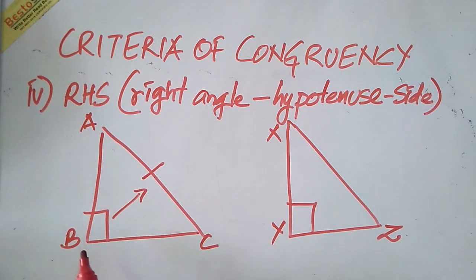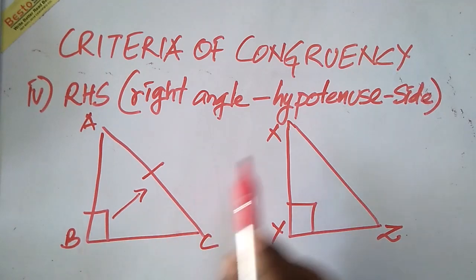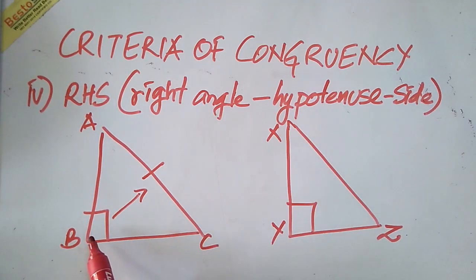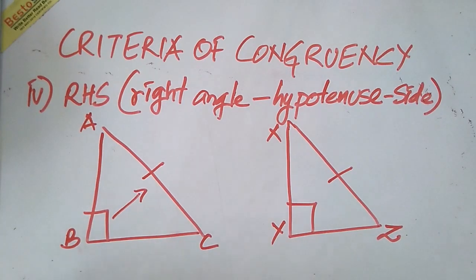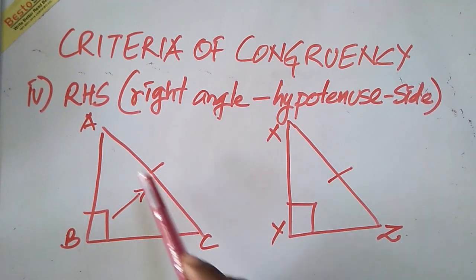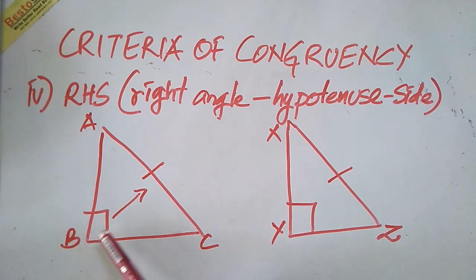That is what hypotenuse is. And in the second right angle triangle, the hypotenuse opposite to the right angle is XZ. So always remember that the hypotenuse is the side opposite to the right angle. That is what is termed as hypotenuse.